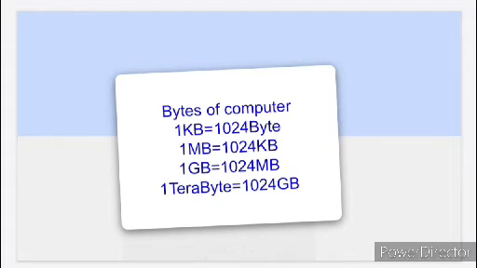So again I repeat, 1 KB is equal to 1024 bytes, 1 MB is equal to 1024 KB, 1 GB is equal to 1024 MB, and 1 terabyte is equal to 1024 gigabytes.